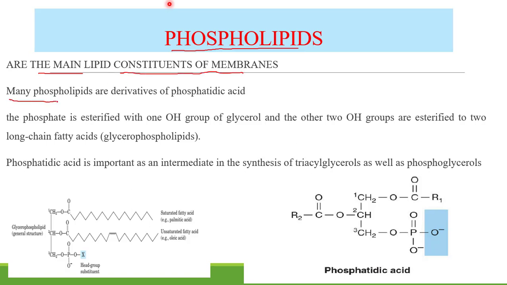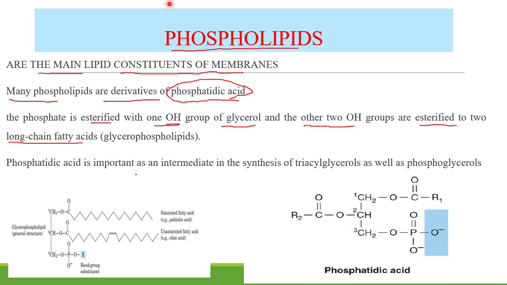Many phospholipids are derivatives of phosphatidic acid, in which the phosphate is esterified with one OH group of glycerol, and the other two OH groups are esterified with two long-chain fatty acids.